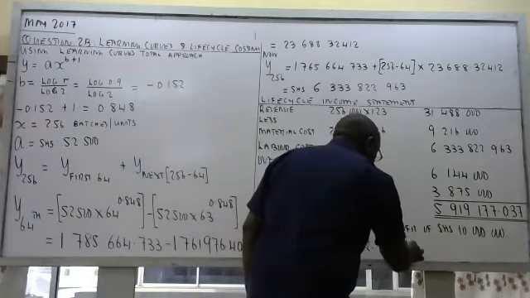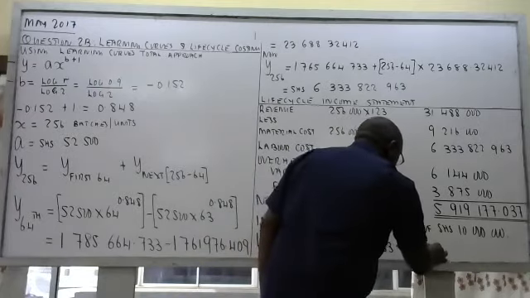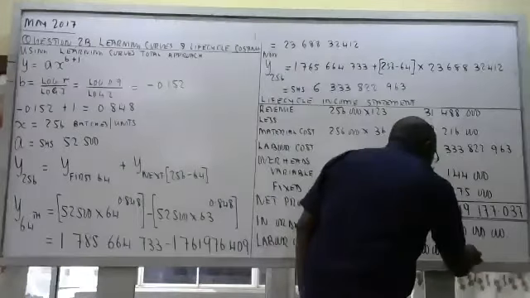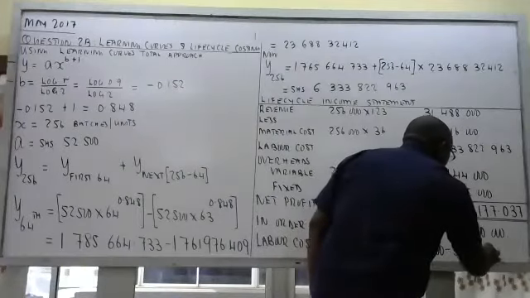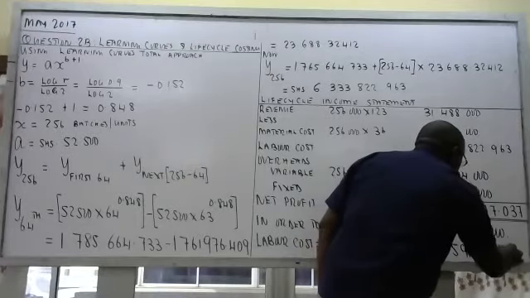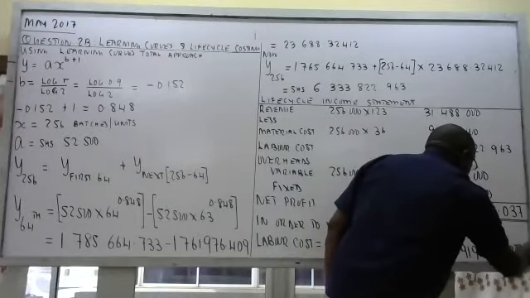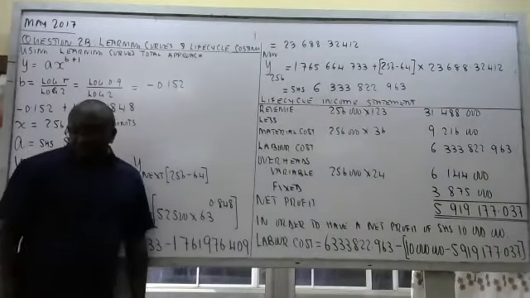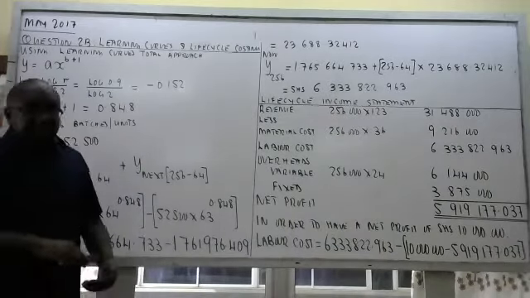So that will be 10 million minus 5,919,177.037. So we are going to reduce by that.